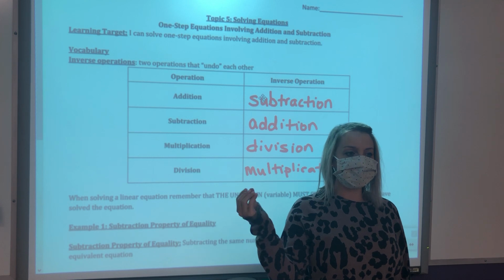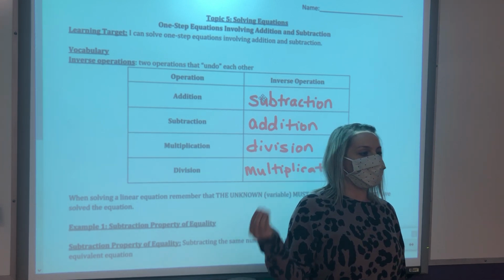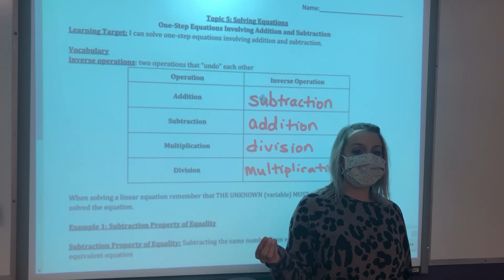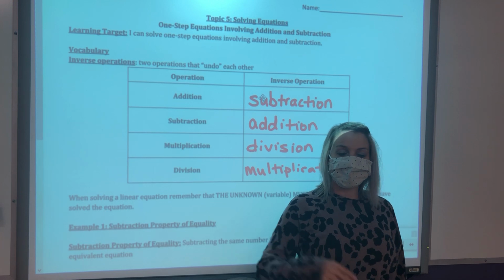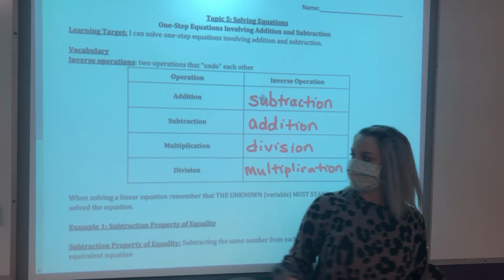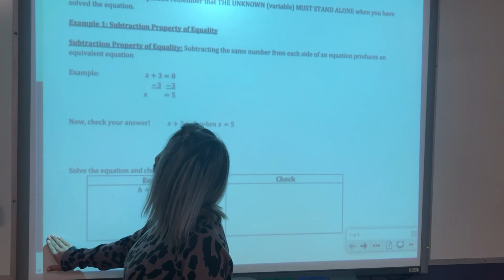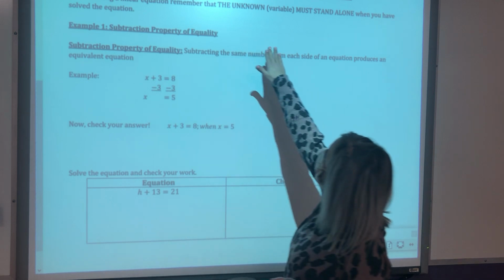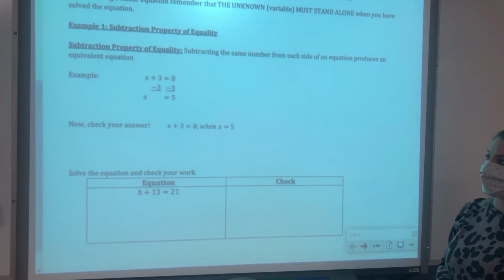Your variable needs to stand all by itself. Whatever is happening to that variable, we are going to use our inverse operations to undo it. Again, the unknown must stand alone when you have solved the equation.